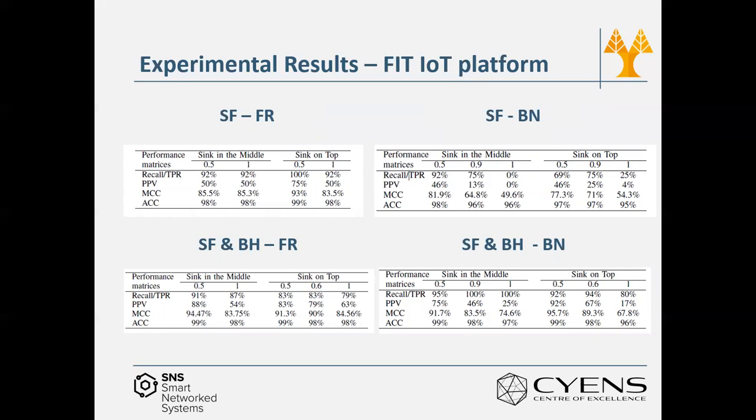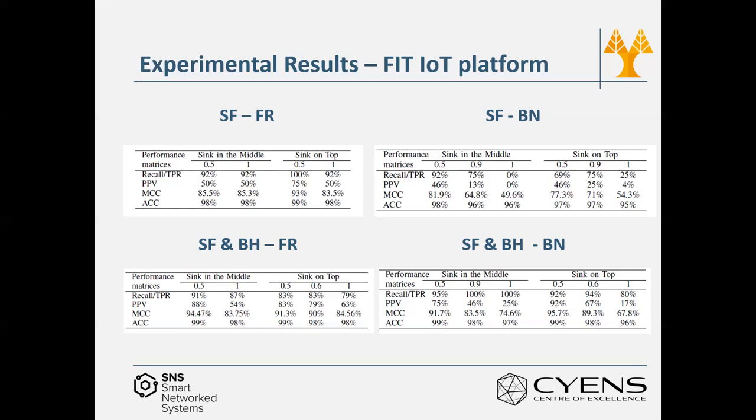When setting any threshold above 0.5, 92% of the alarms were raised by malicious nodes with a precision of 50%. The detection model correctly classified the node's behavior as benign or malicious with 98% accuracy. The MCC value was 98%, essentially indicating a high-performing detection model.